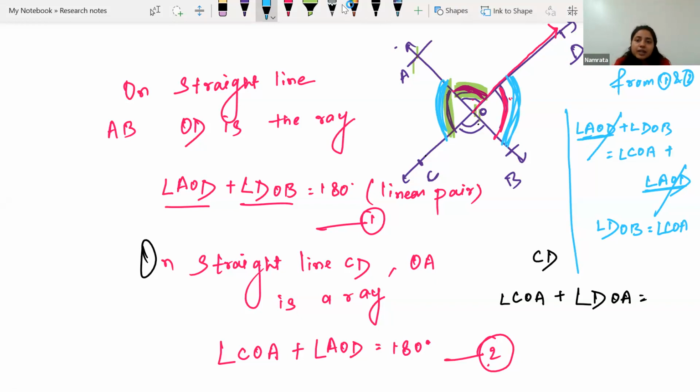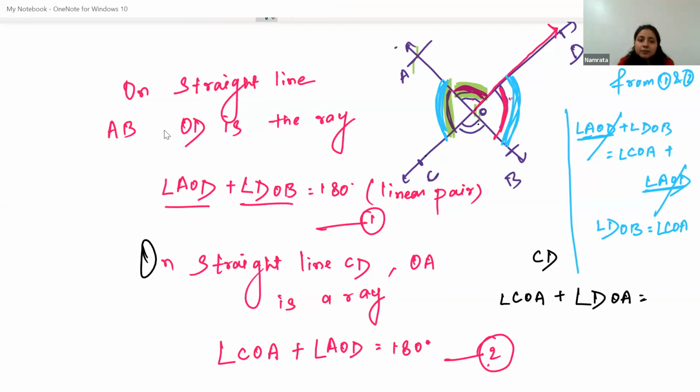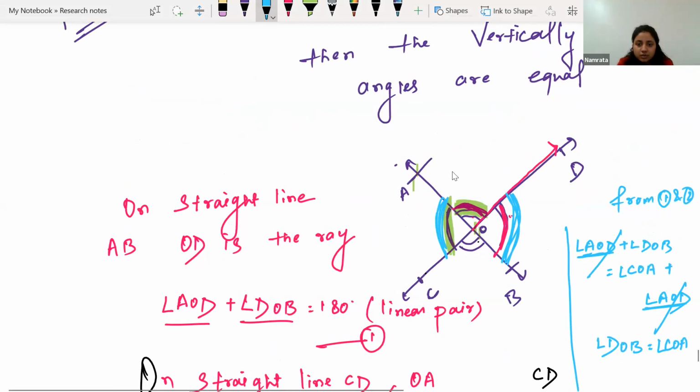Now what we have taken, at first we have just taken a straight line AB, where OD is working like a ray. You can see in the straight line AB, OD is a ray, or we can also say OC is a ray. So here I have said that OD is a ray. Even if you take OC as a ray, you will get the same result.